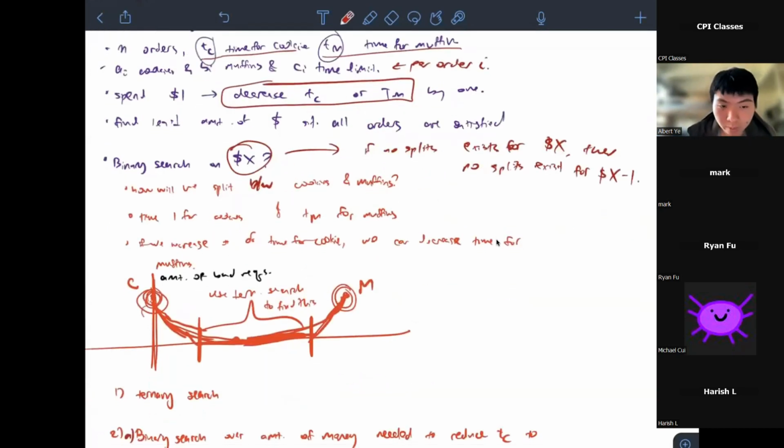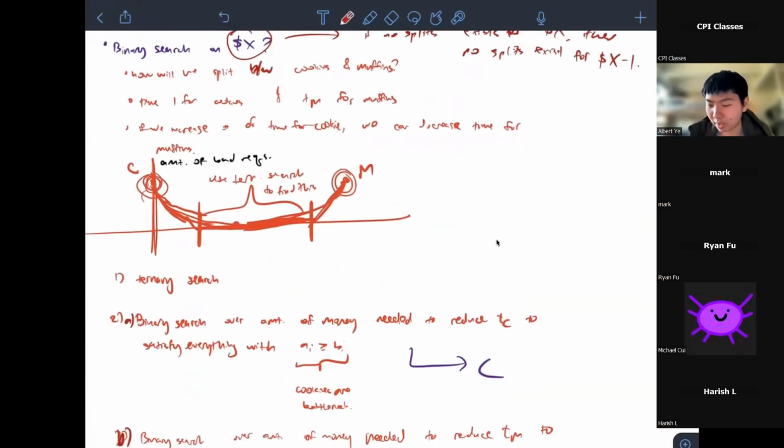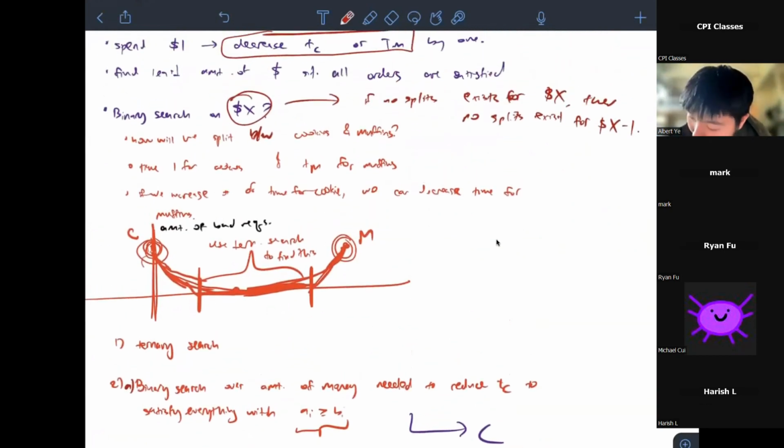So there are 2 ways. First, the motivation. We have time. We basically can split between dropping all of our time on cookies or all of our time on muffins.